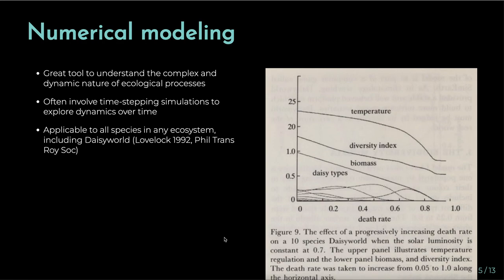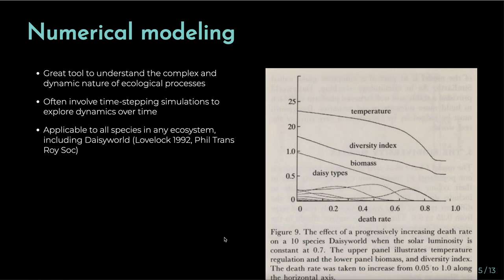Okay, so let's have a couple of words about the actual process of numerical or theoretical modeling. It's a different type of models that some of you may be more familiar with. So these are not statistical models.